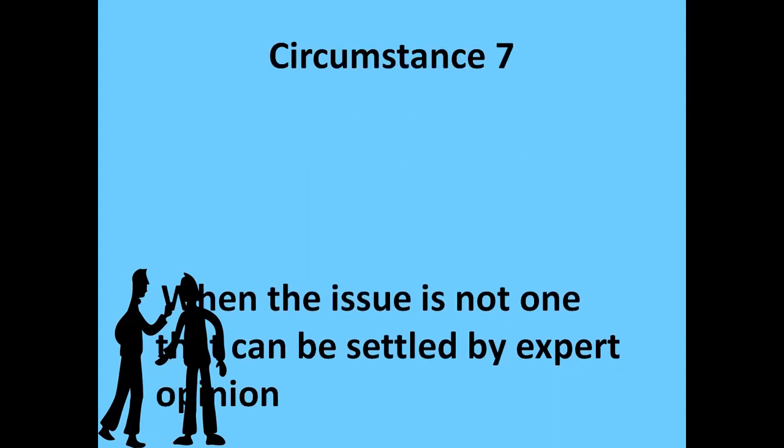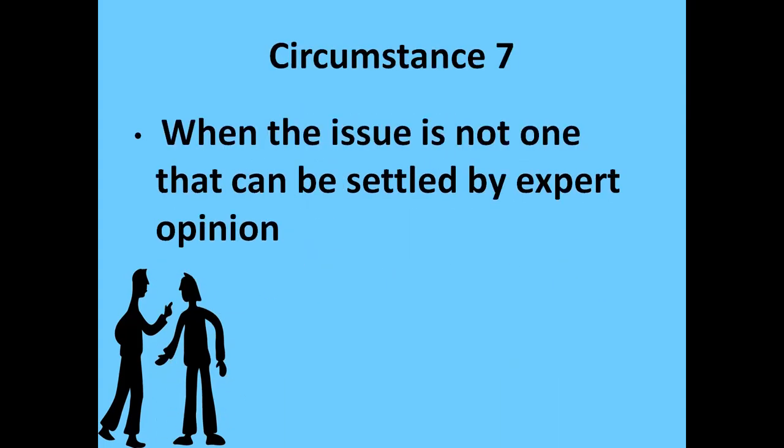Let's consider another circumstance, circumstance number 7, when the issue is not one that can be settled by expert opinion. Some issues are so inherently controversial that they cannot be settled by appeals to expert opinion.